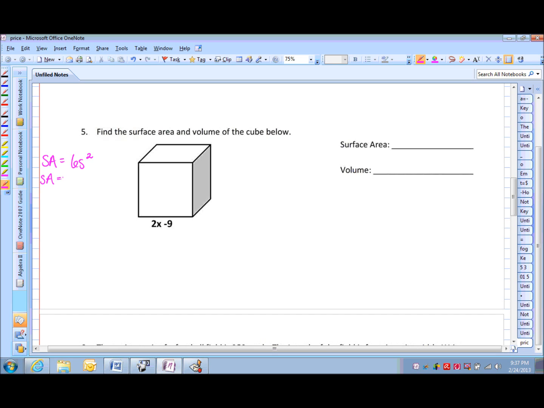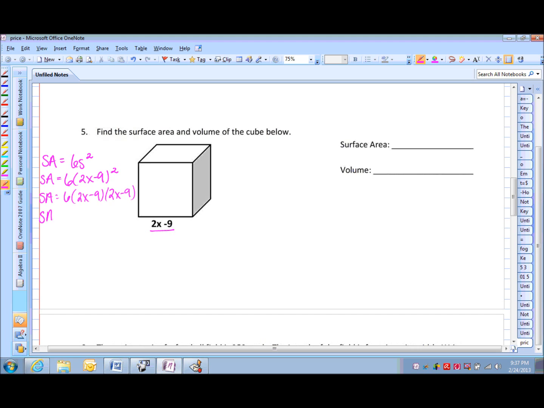And we know that s is the side length, and the side length is 2x minus 9. So, it's 6 times 2x minus 9 squared. And we can rewrite this as 6 times 2x minus 9 times 2x minus 9, because something squared is just itself multiplied twice.